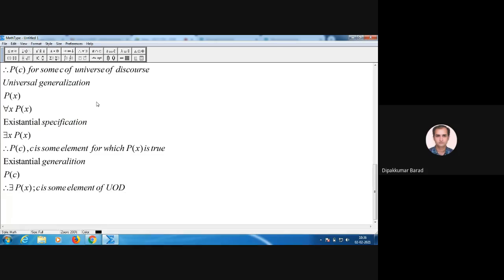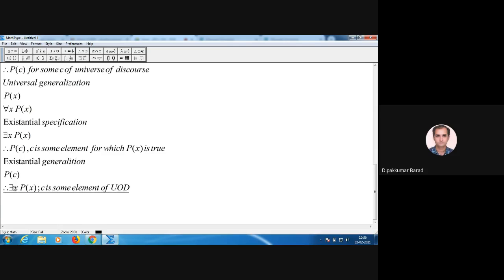UOD means universe of discourse, and universe of discourse means domain. Okay, C is some element of the domain. So we have P of C, and therefore there exists X such that P of X.